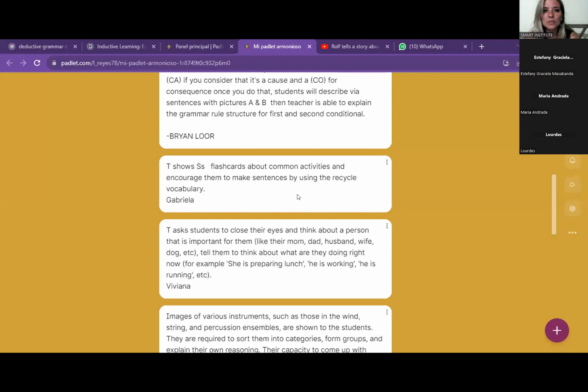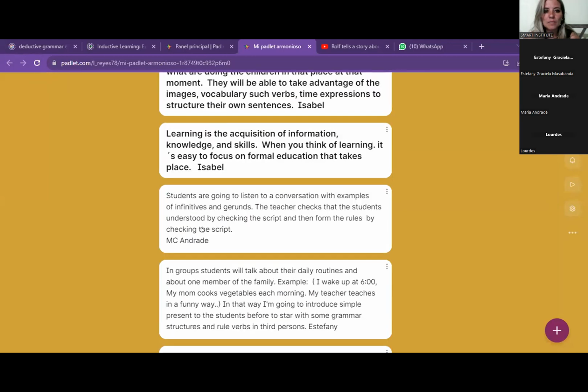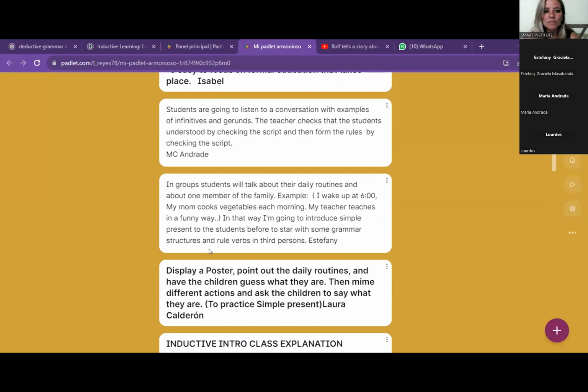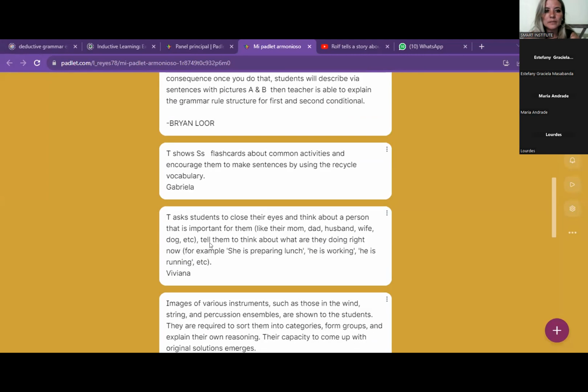That's why I made them write the deductive, inductive examples of your introduction, like Viviana. I remember Viviana and Brian, right? I don't know if Lourdes, you were here when we were doing these examples. I just entered when you were doing, but I didn't know what.